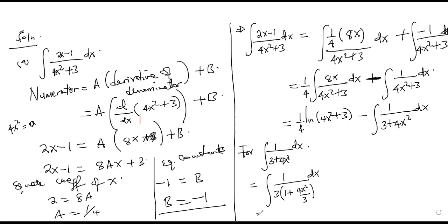You can move a third outside, so it is going to be a third integral of 1 over 1 plus this one. We can put it under the fact that we want to square it at once. So we are going to say 2x out of what?